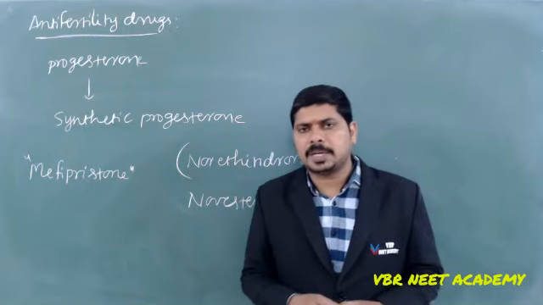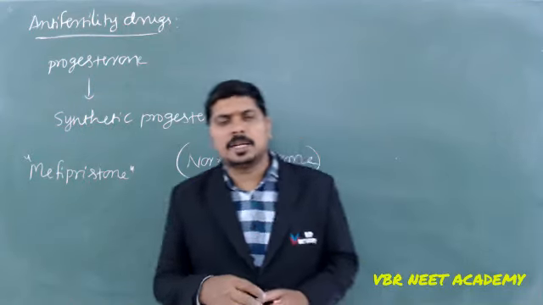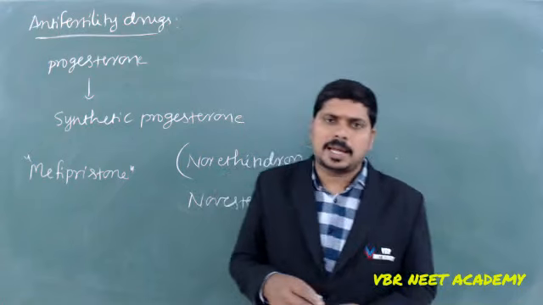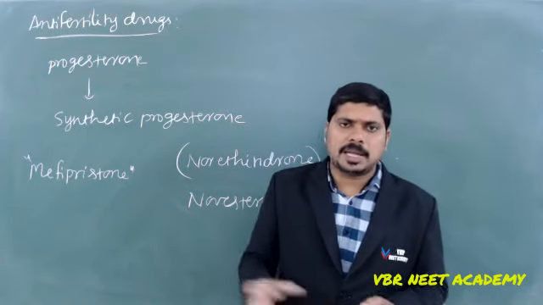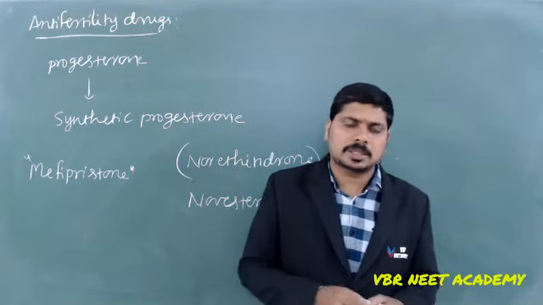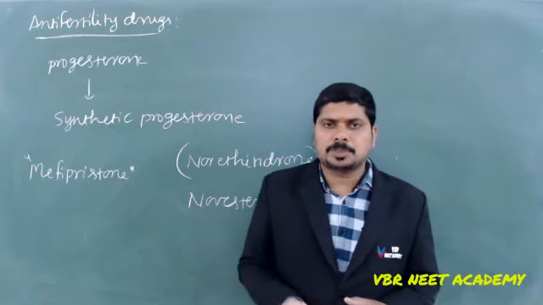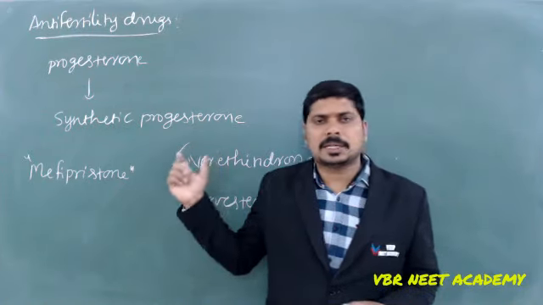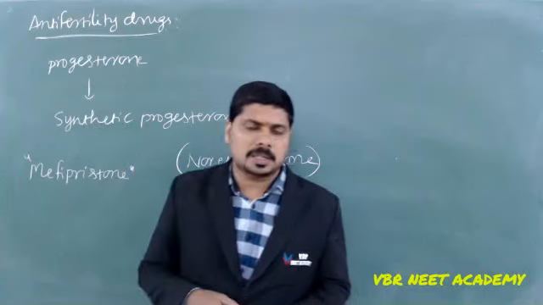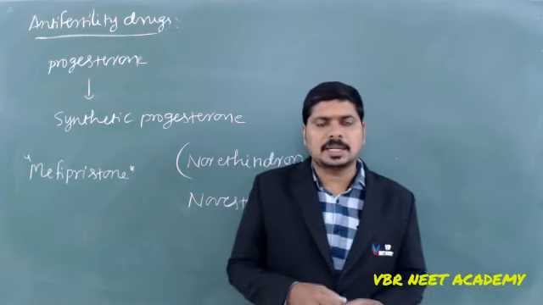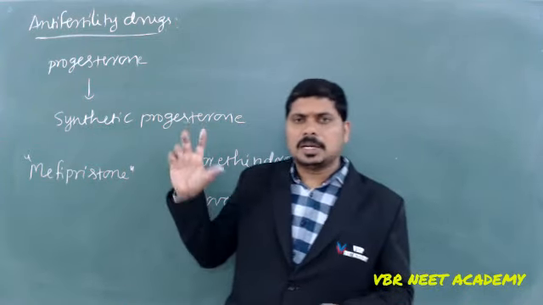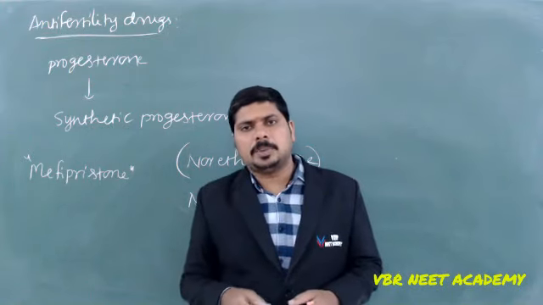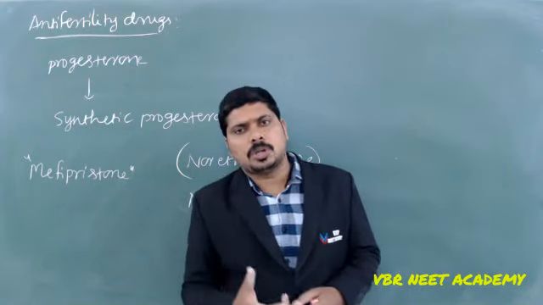Birth control can be done by using these anti-fertility drugs. When the population needs to be controlled, at that time these are used. Oral contraceptives are one of the classes of anti-fertility drugs we have. Understand?